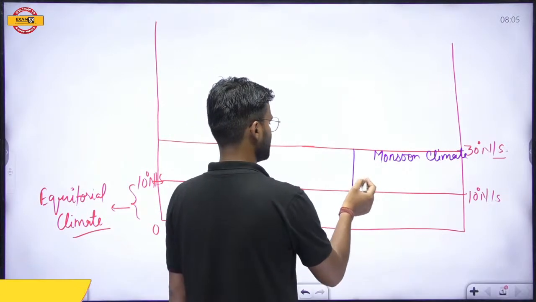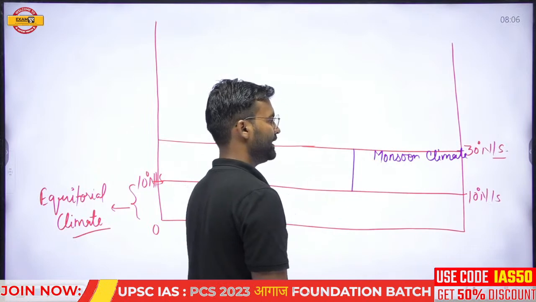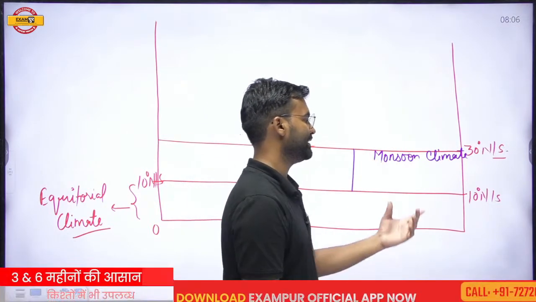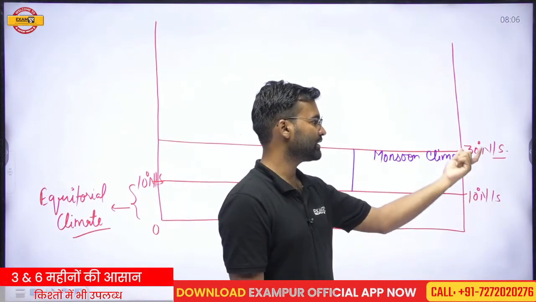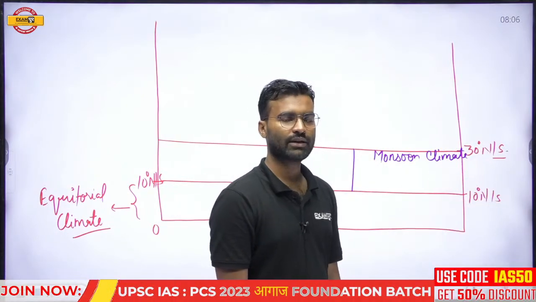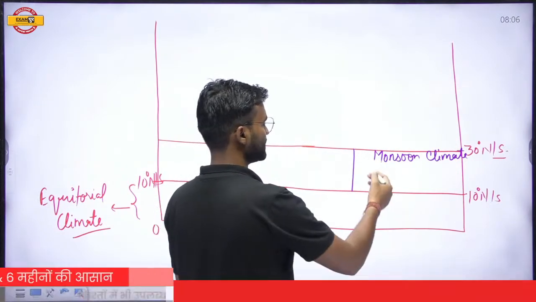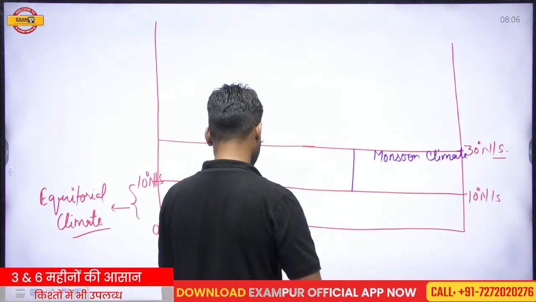So this is the eastern margin of a continent, stretched between 10 degree north and south to 30 degree north and south latitude. This region experiences the monsoon climatic zone.